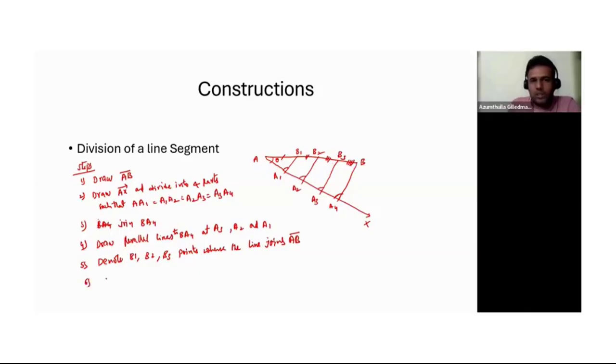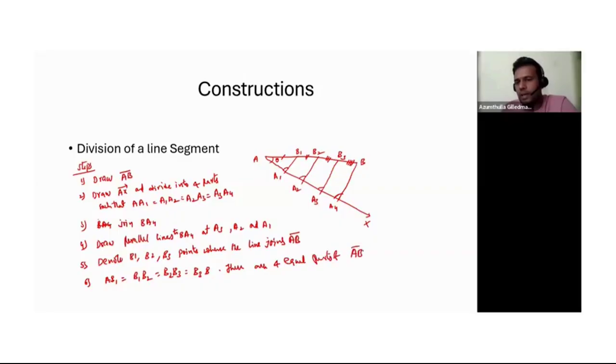Now this AB1 equal to B1B2 equal to B2B3, equal to B3B. These are four equal parts of line segment AB.